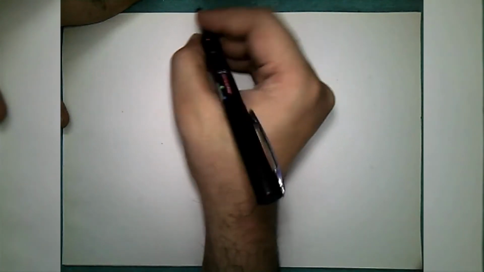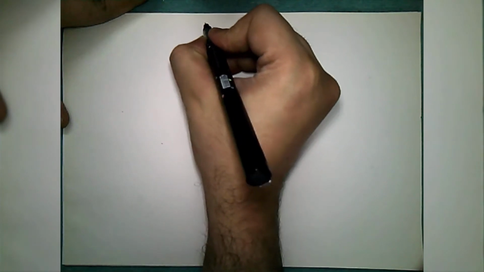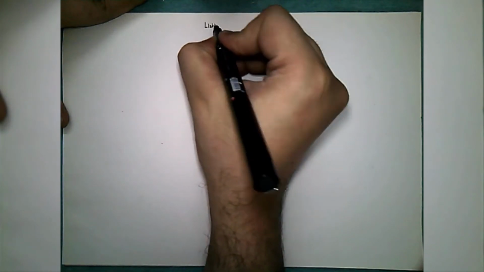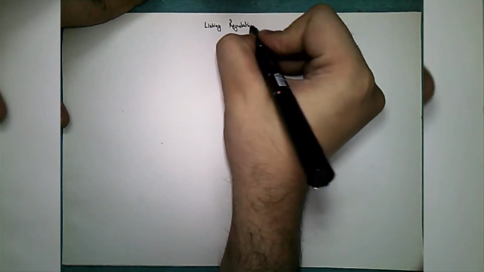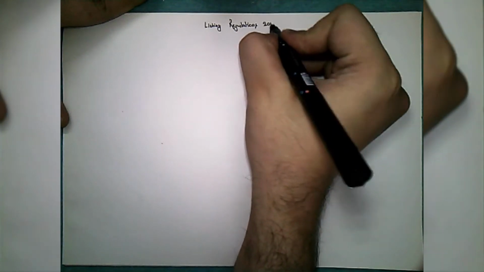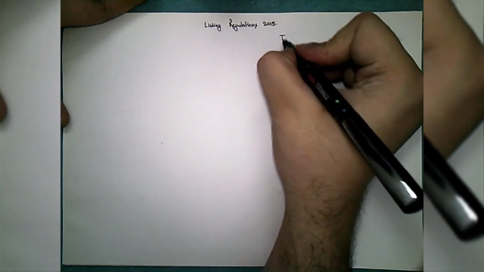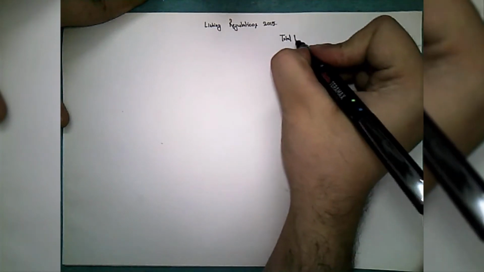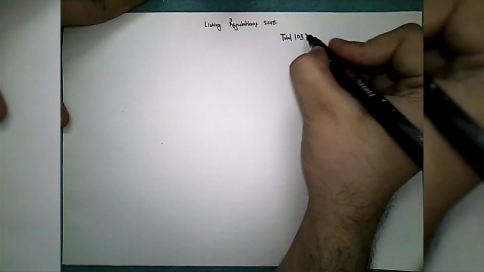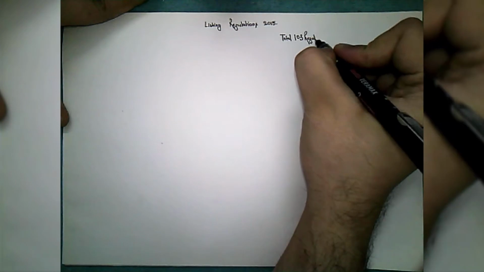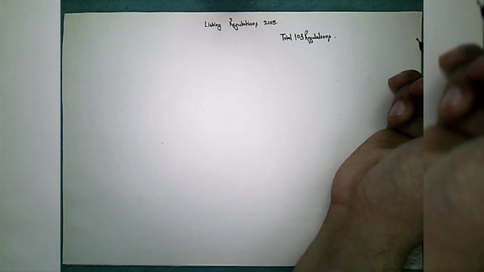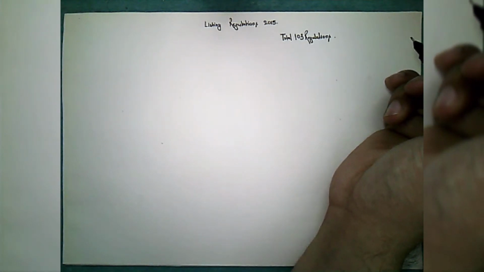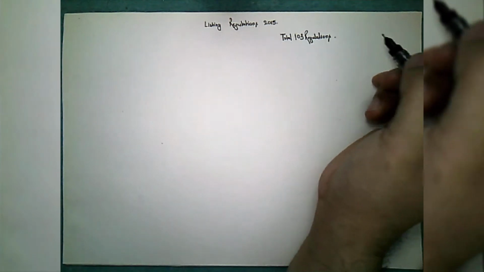So here we are. Listing regulations 2015. There are total 103 regulations, and these regulations are further divided into 12 chapters.